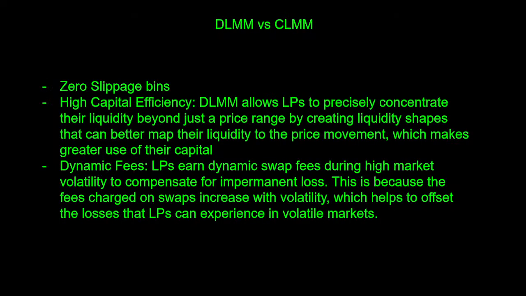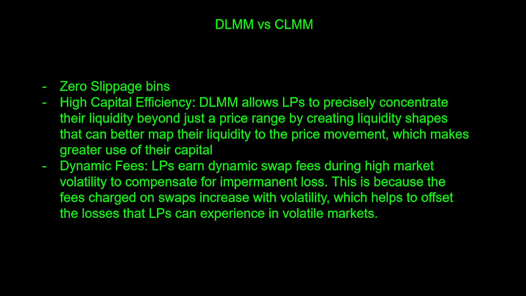So to summarize, compared to the standard CLMM pools, DLMM pools offer zero slippage bins. They offer higher capital efficiency by allowing you to precisely concentrate your liquidity within the price range.